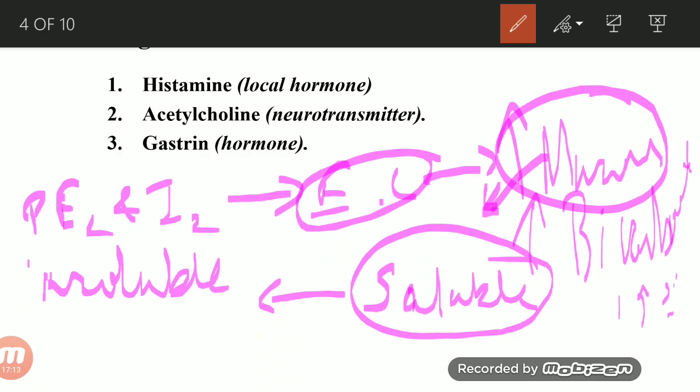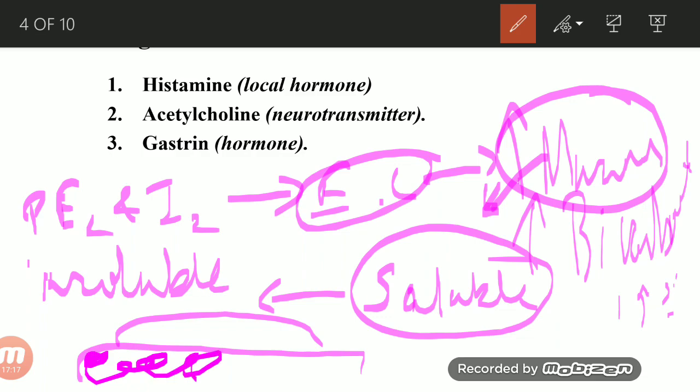Okay, and then it coats your mucosal layer of your GI tract. Your GI tract has a mucosal layer, submucosal layer. So the mucus comes out soluble, becomes insoluble, forms a thick mucus, and coats over your mucosal layer.